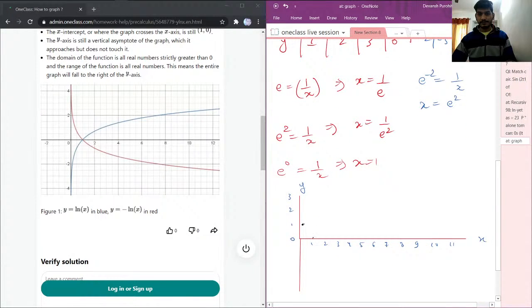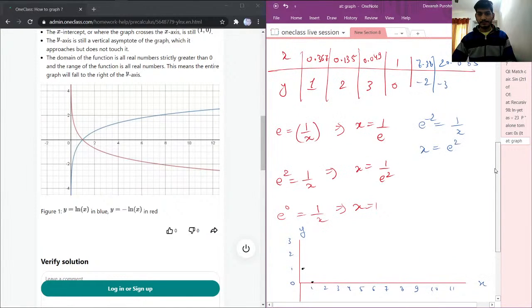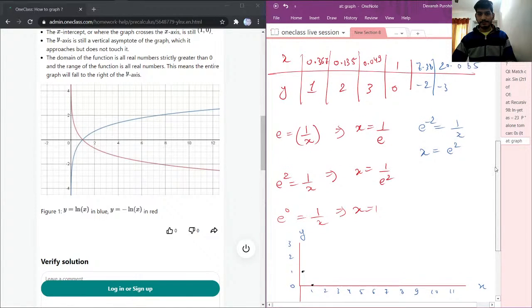So this will be here. Then I will use these values.